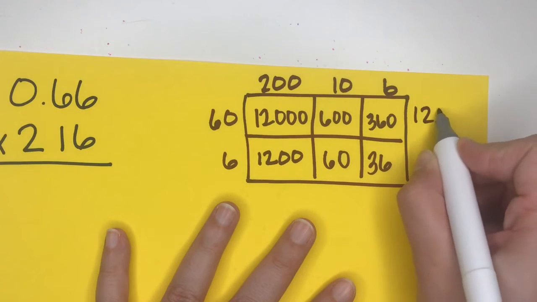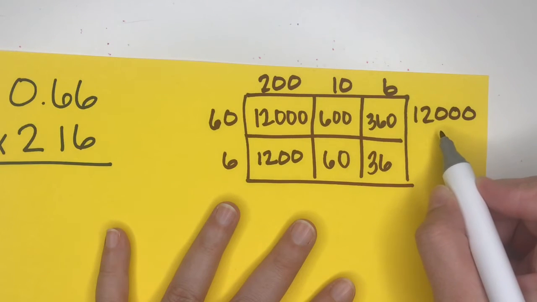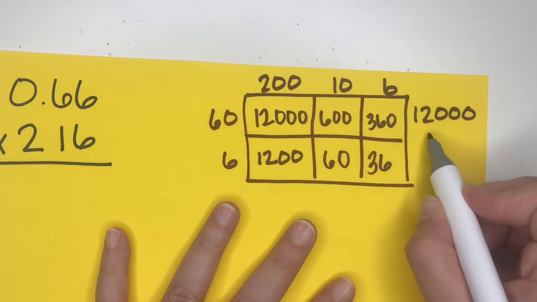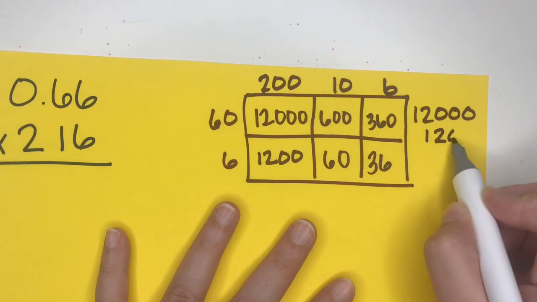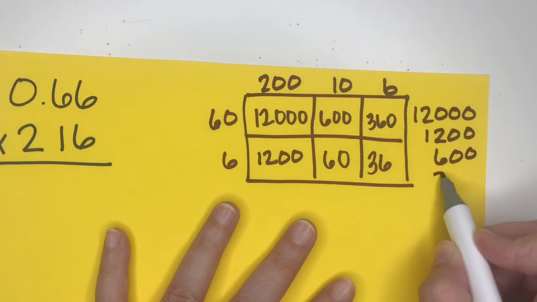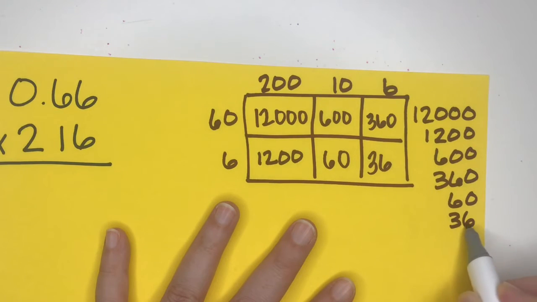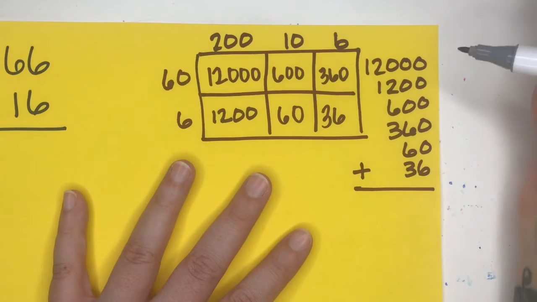I like to organize from greatest down to least. So we're going to start here with 12,000, and then 1200, 600, 360, 60, and then 36. And now we add. So I'm going to start with the ones.